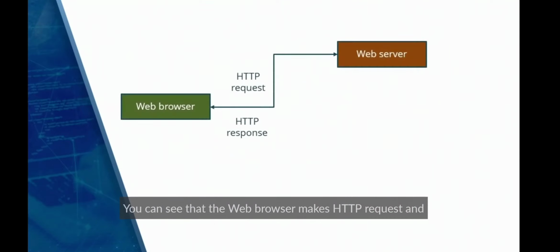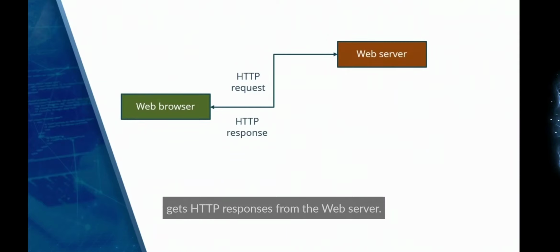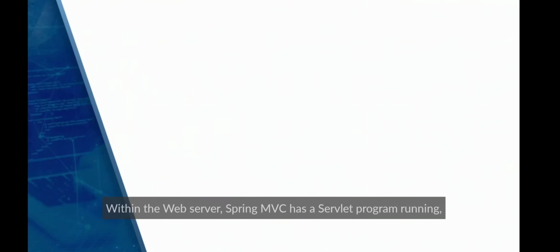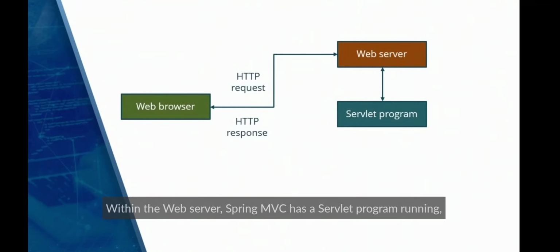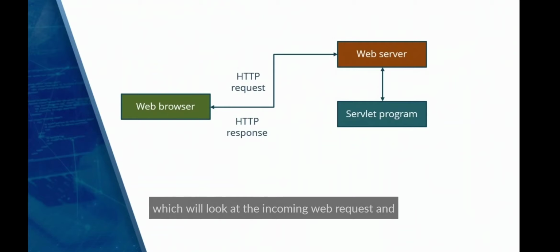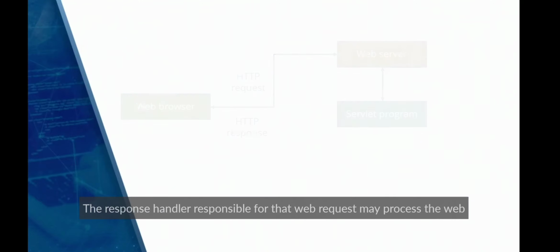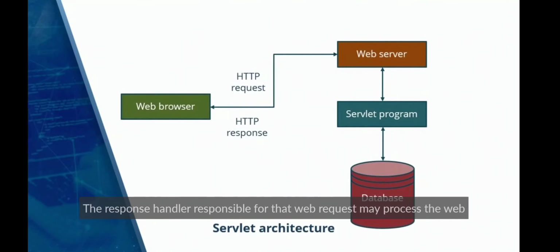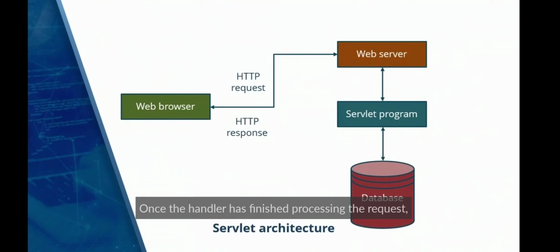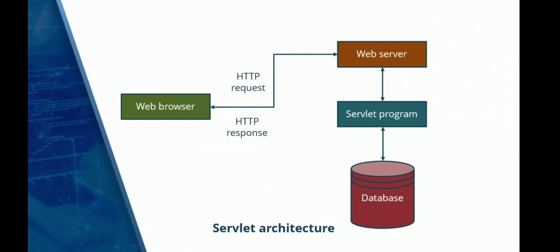You can see that the web browser makes HTTP requests and gets HTTP responses from the web server. Within the web server, Spring MVC has a servlet program running which will look at the incoming web request and get the right handler to respond to that web request. The response handler responsible for that web request may process the web request by accessing a database, querying a database, or updating a database. Once the handler has finished processing the request, a response is sent back to the user.